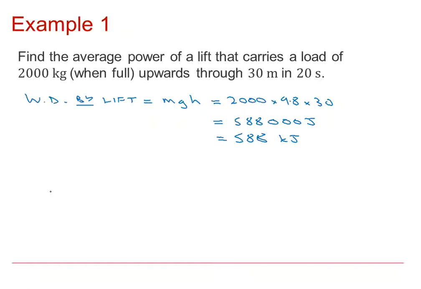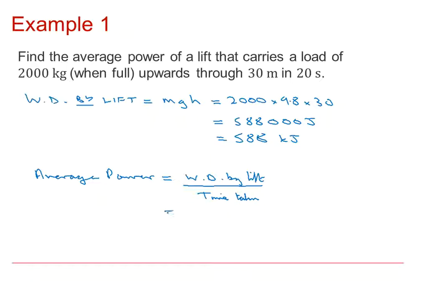So we don't know whether that work has been done at a constant rate, so we can only really talk about the average power of the lift mechanism. So average power is work done by the lift divided by time taken.